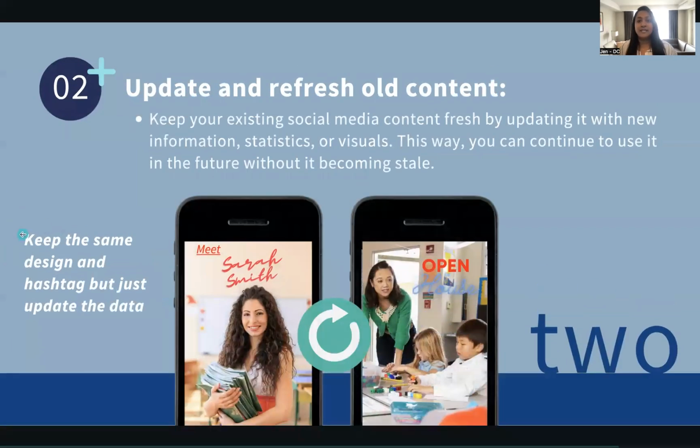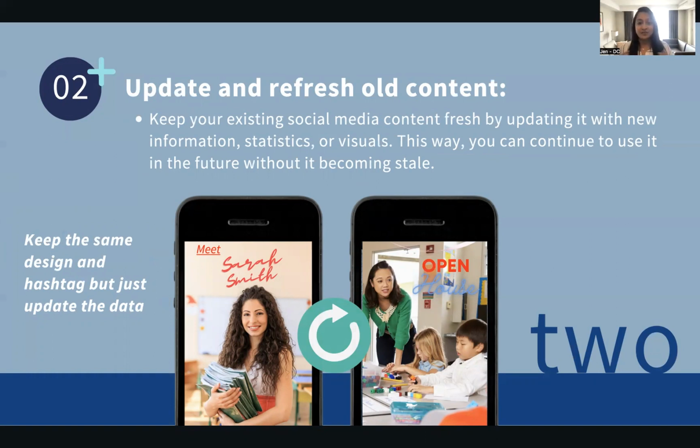The second tip is to update and refresh the old content. So you're introducing a new teacher, right? The description you can keep the same, but you'll want to change the pictures. Obviously, you have to change the pictures. Or for an open house, don't use kids who have already graduated from the school. Use current students and talk about some of the new updated things happening at the school.